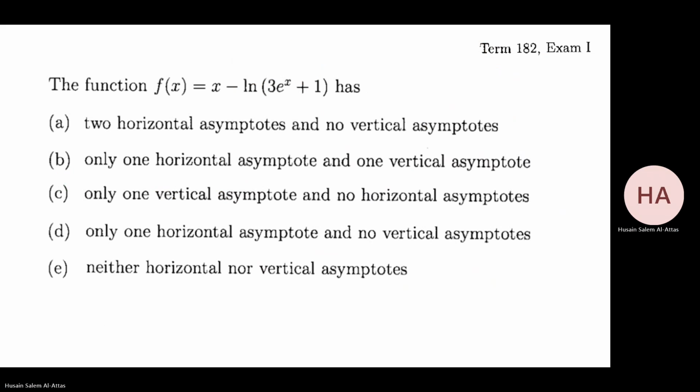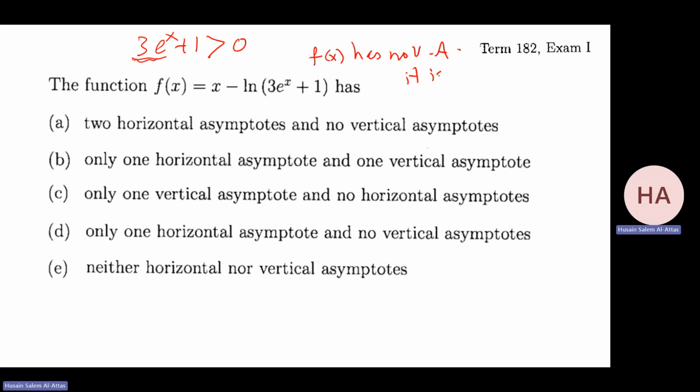Okay. This function has 2 horizontal asymptotes and no vertical asymptotes, or which one of these? First, notice 3 e to the power x plus 1. This e to the power x is always positive, it cannot be 0. Plus 1, for sure, it will be greater than 0. So this function f has no vertical asymptote.